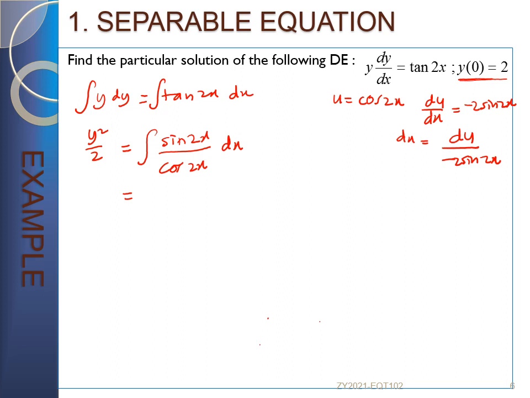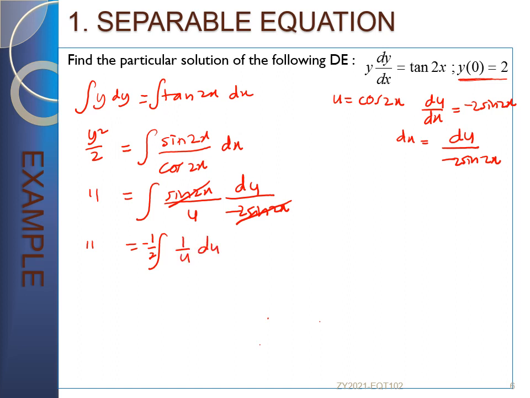So it will be sin 2x divided by u, dx is du over −2 sin 2x. So it cancels here, and we just have to integrate. So this one is the same: −1/2 times 1/u du.